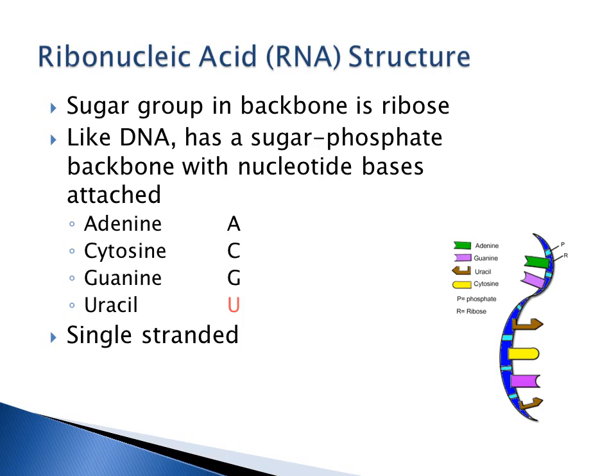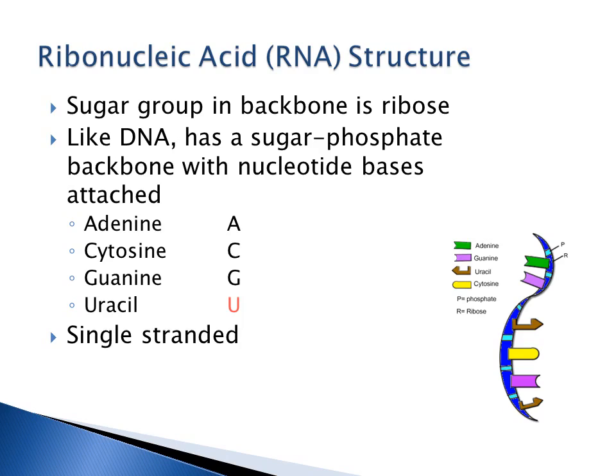So the RNA structure. Just like DNA structure, you have a backbone: that sugar, phosphate, sugar, phosphate. The sugar is ribose in RNA. It's deoxyribose in DNA. Once again, you have your 4 nucleotide bases: adenine, cytosine, guanine, and in RNA you have uracil.